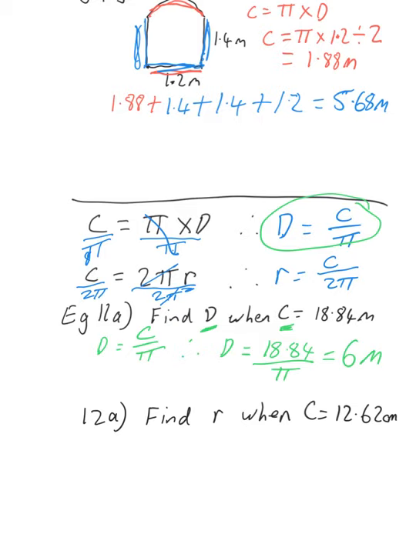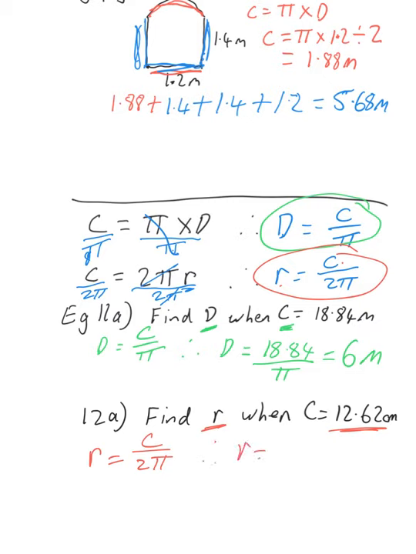Okay, and here for question 12, we're being asked to find the radius given the circumference. Okay, here we want this formula. It only has radius and circumference in it, as well as pi, but radius and circumference are the only 2 variables.